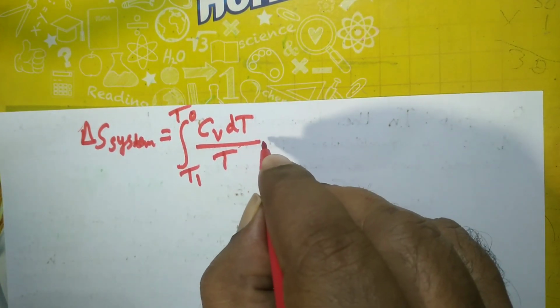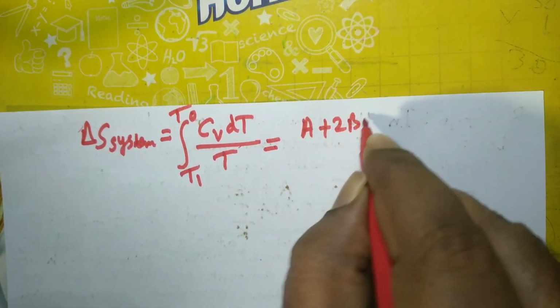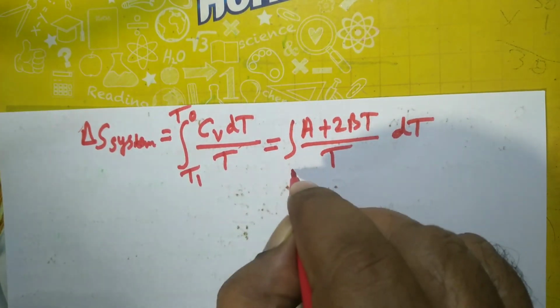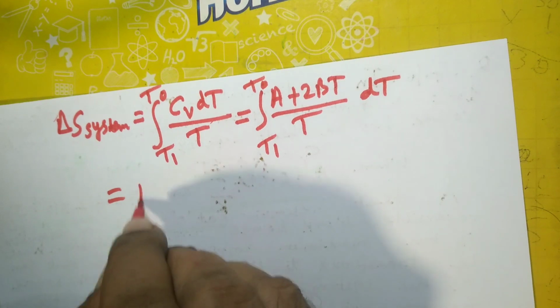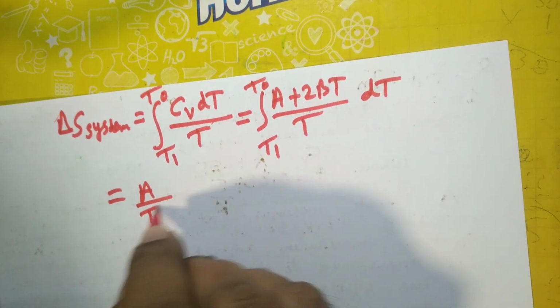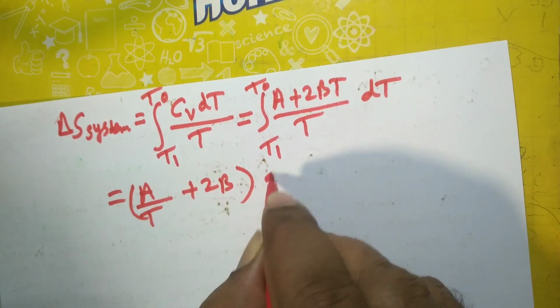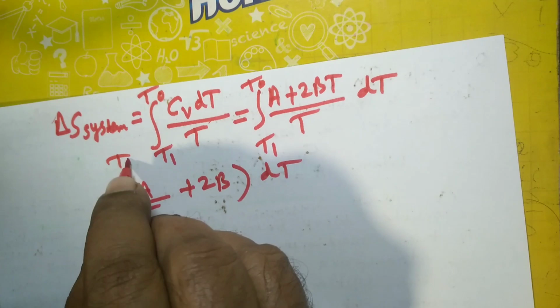So Cv dt upon T is equal to integral of (A plus 2bt) divided by T dt, T1 to T0, and this is equal to integral of (A by T plus 2b) dt. Limit is from T1 to T0.